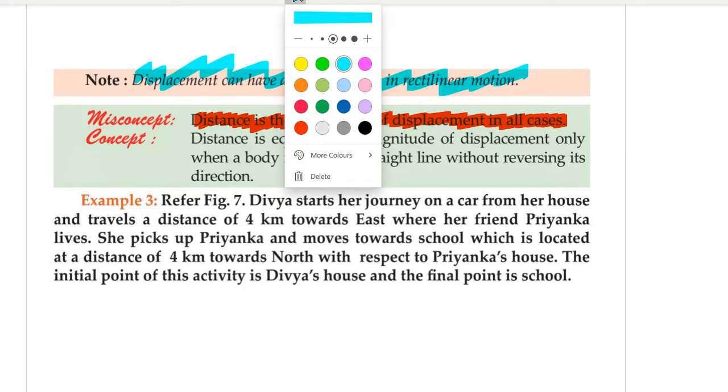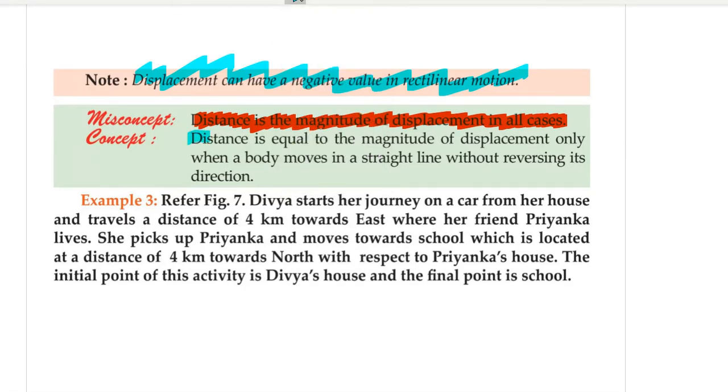The right thing is distance is equal to the magnitude of displacement only when the body moves in a straight line without reversing its direction. Only then distance and displacement are equal. But whenever the body reverses its direction, then displacement will change. It will become lesser than the distance. Right? Let's look at example number 3.